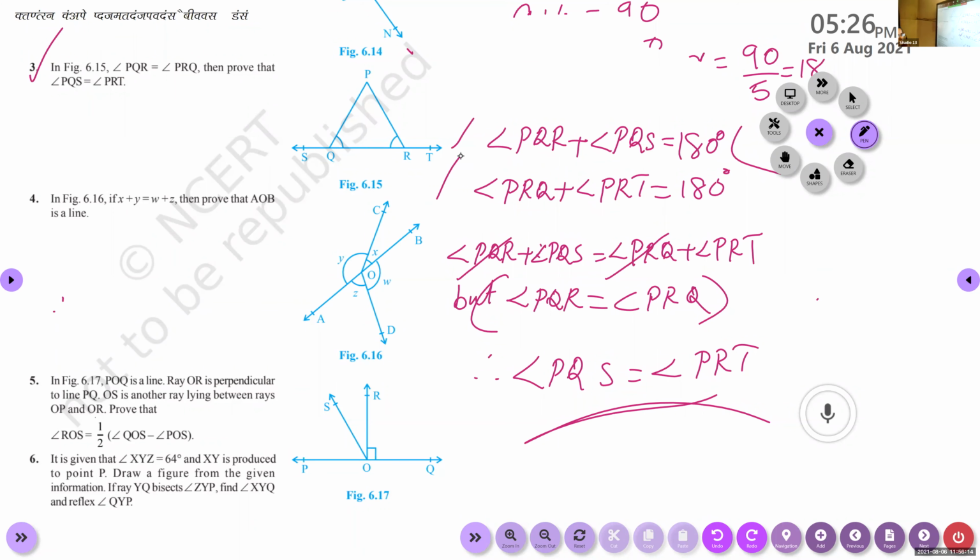PQR plus PQS equal to PRQ plus PRT. But given that PQR and PRQ are equal, we can cancel from both sides. Remaining PQS equal to PRT.